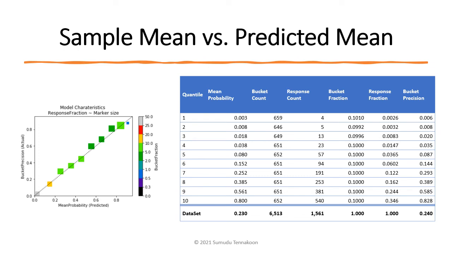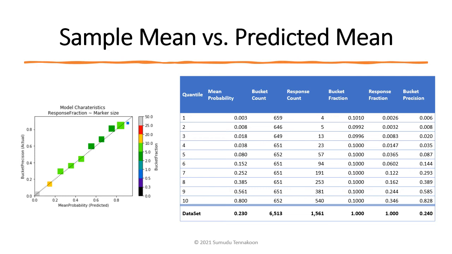So now let's look at the bucket count. Bucket count indicates how many rows qualified under each quantile. Then for the response count, you will see another pattern in this table. The lower quantile numbers, which have lower probability rows, will have a lower response count. Response count is how many positives come from your model.